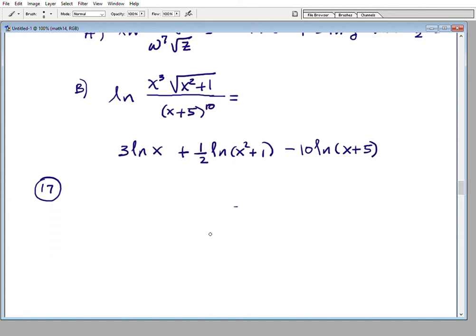Another continuously compounded interest problem. But this one, instead of solving for the amount A, we're going to solve for either r or t, one of the exponents.